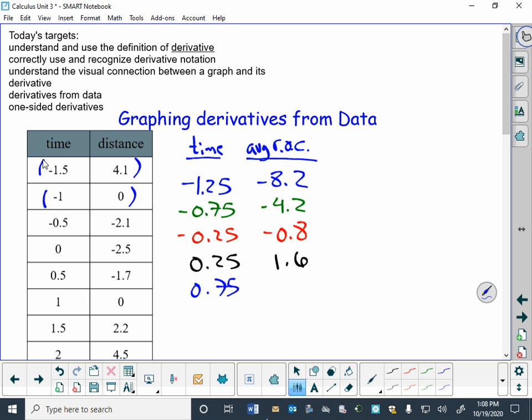And 0 minus negative 1.7 is a positive 1.7, divided by half is a positive 3.4. This would be a 1.25, and 2.2 minus 0 is 2.2, divided by a half is 4.4.